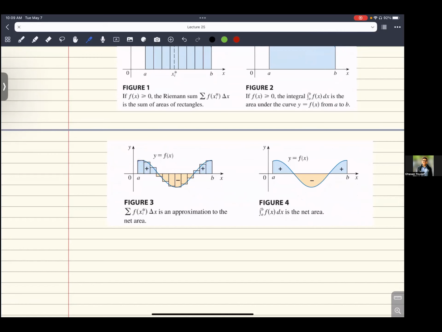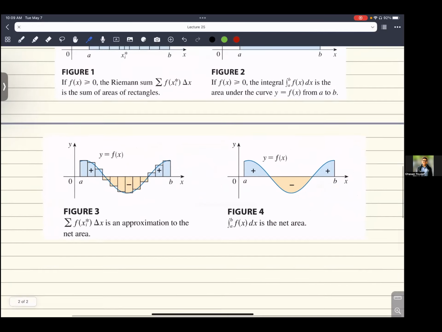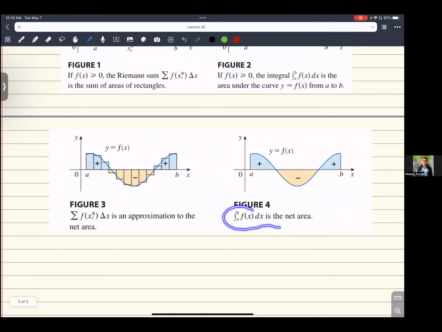So what does that mean? It means the integral is the same as the net area. Net area means the total area of the region above the x-axis minus the total area of the region below the x-axis. So here I can say this is the same as A1 minus A2.